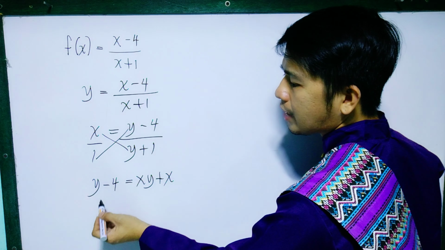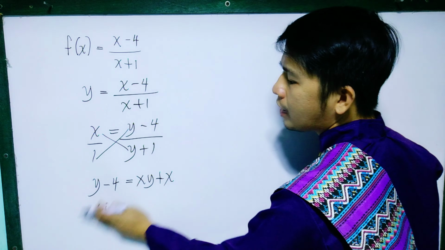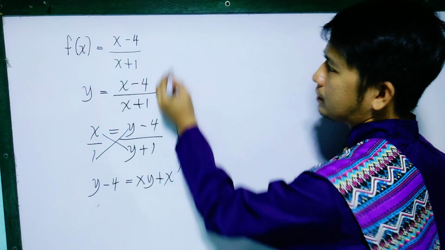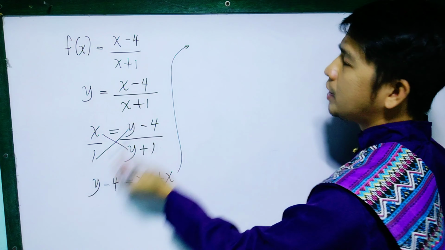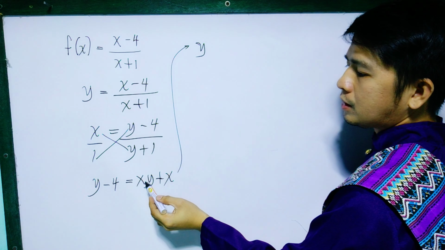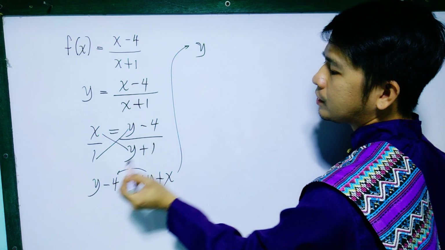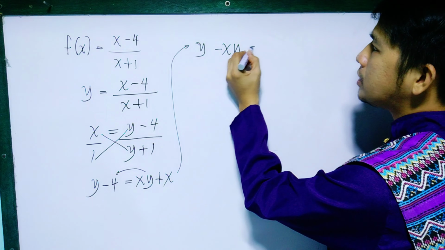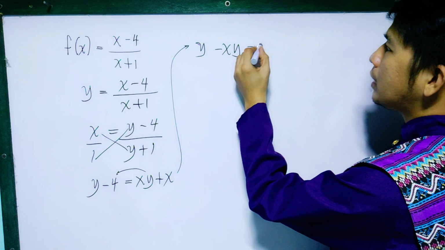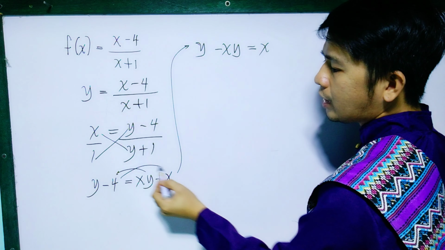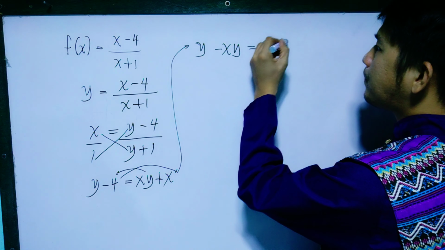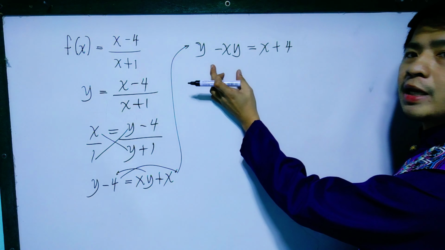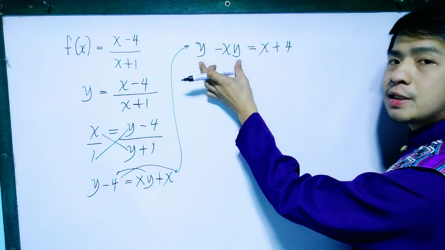So, bring down, iangat na natin. So, bring down y. Xy will become negative xy equals your x. And this one will become plus 4. So, nalagay na natin lahat ng y sa left side.